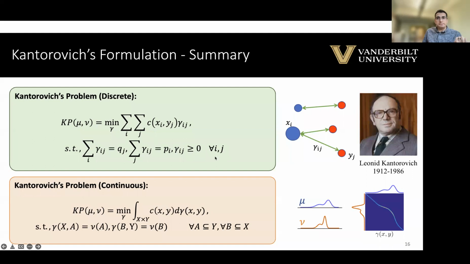And our constraint is telling us that it's a mass preserving operation. We are not creating or destroying mass. The total amount of mass is constant in this transportation. And we said that there's a continuous version of that, and we looked at the continuous version of the Kantorovich problem as well.